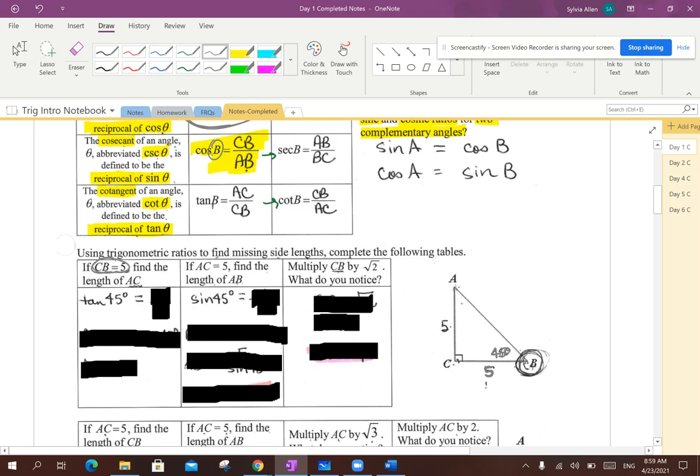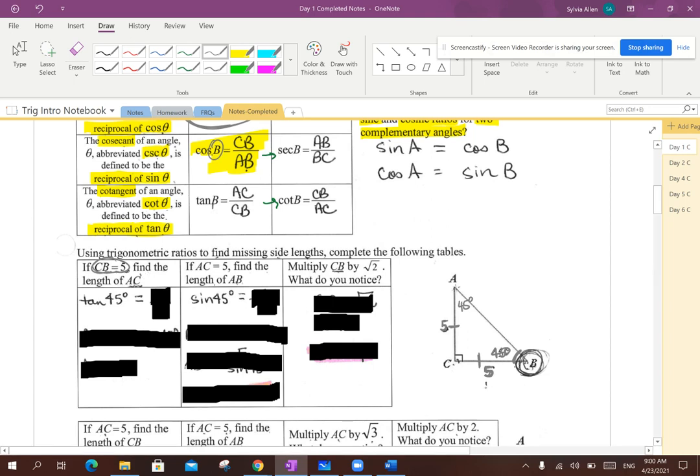Well, if B is a 45-degree angle, we also know that A is a 45-degree angle because they have to add to 90. And if these two angles are the same, then the sides opposite them are the same. And if CB is 5, then AC is 5. So you need to always mark up everything that you know based on the given information.